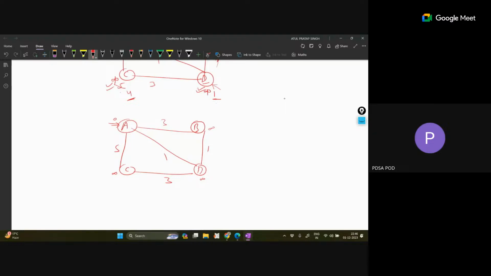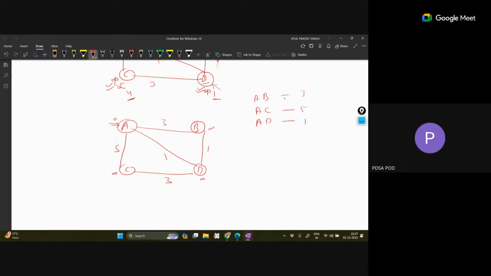But after that, what we will do, we will look at all the adjacent vertices. The adjacent edges of A are AB, AC, and AD. So we have 3 adjacent. AB contains 3, AC contains 5, AD contains 1.